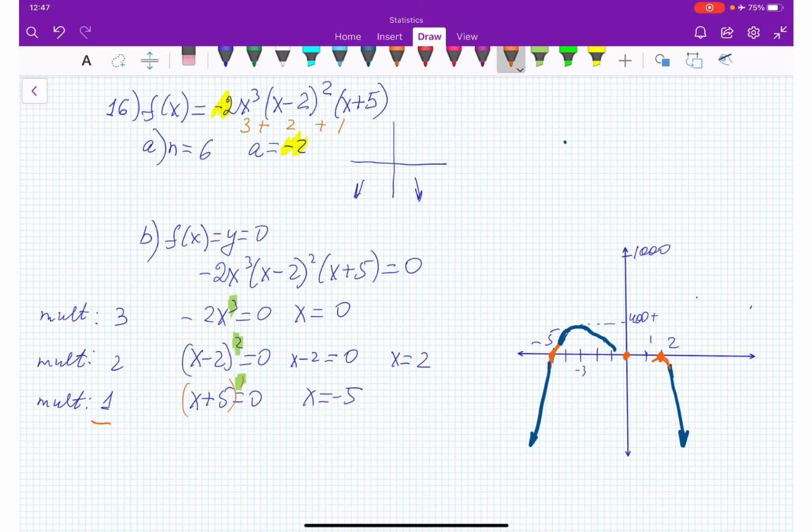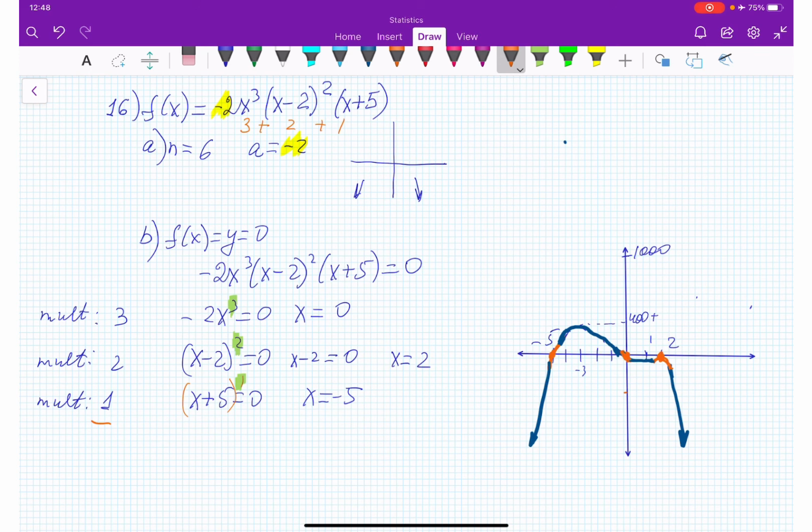If you plug in 1, since this much is 400, you're going to get very close to your origin. And it's going to go like this.